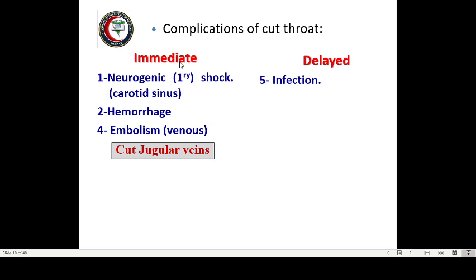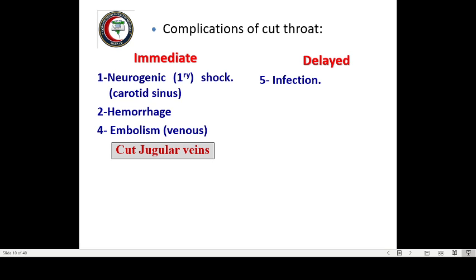Immediate complications after cutthroat include neurogenic shock, and this usually occurs due to irritation of the carotid sinus, hemorrhage, and hemorrhage here is very severe because we have large vessels in the neck like the carotid and the jugular veins.